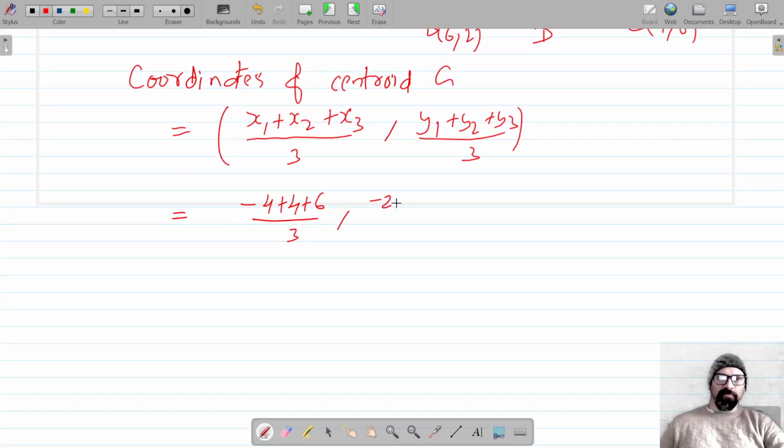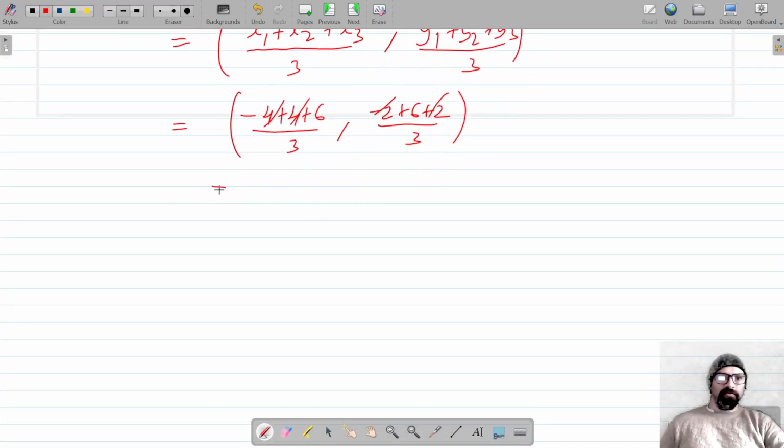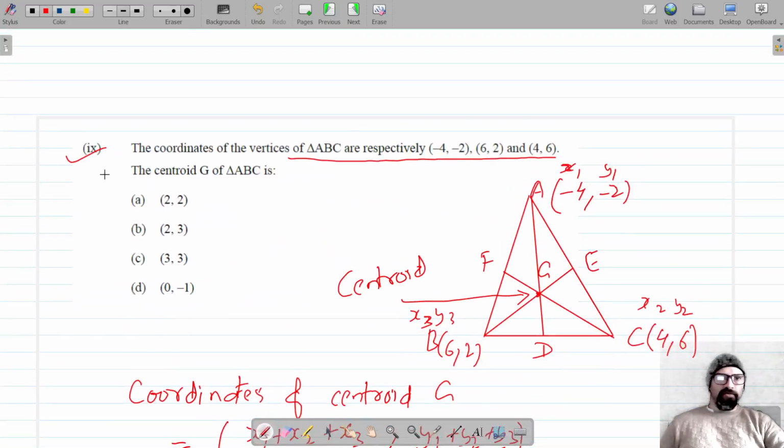So negative 2 plus 6 plus 2 divided by 3. So this gets cancelled, this gets cancelled, and this is now equal to 2 by 2. So 2 by 2 is the answer, which is option A. A is the correct answer for this one.